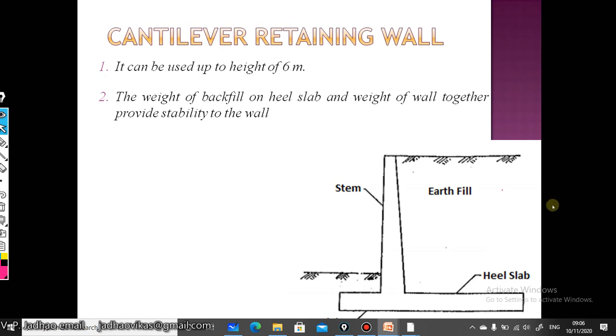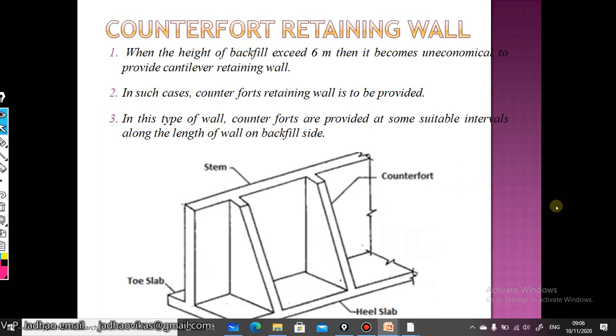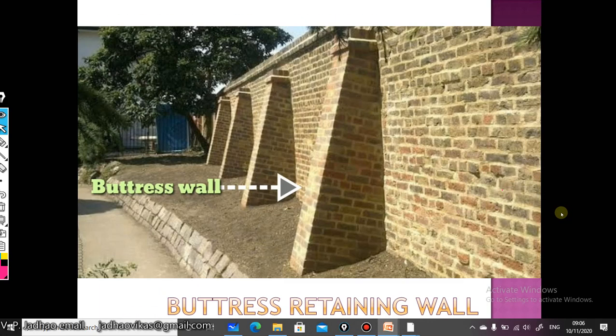After 6 meters it becomes uneconomical to provide this type of cantilever retaining wall. So if the height of the retaining material is more than 6 meters, we will go for either a counterfort retaining wall or other different types of retaining walls. This we have already covered.